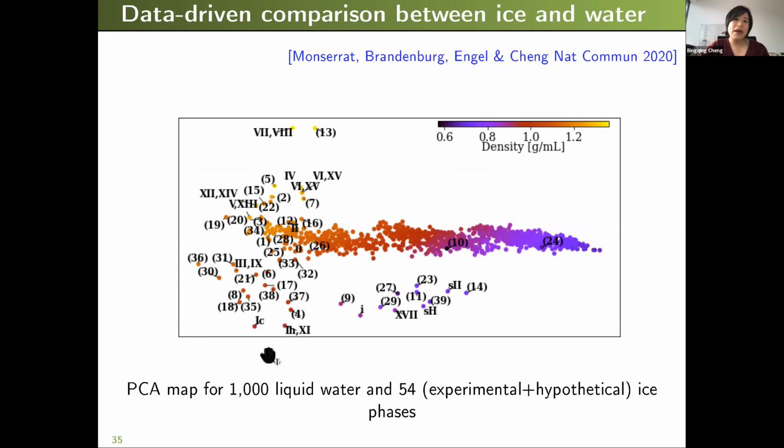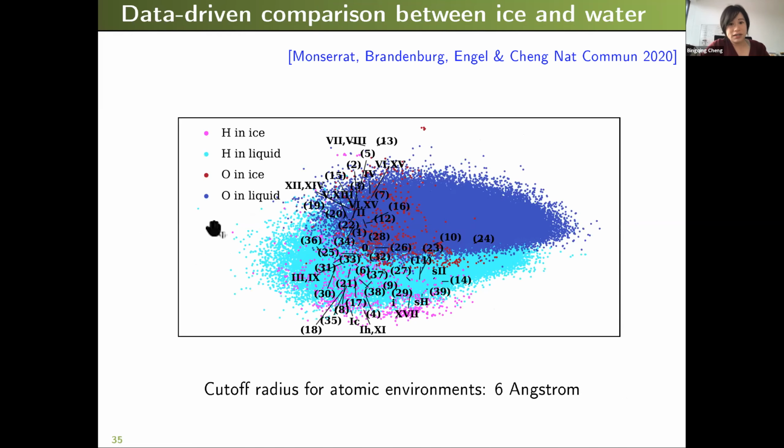Now, if we compare these 54 ice phases with liquid water configurations, we see that they are structurally different, which makes sense because ice and water should be structurally different. However, the interesting thing happens if we are not making a PCA map according to the global features, but we just compare the local atomic environments.